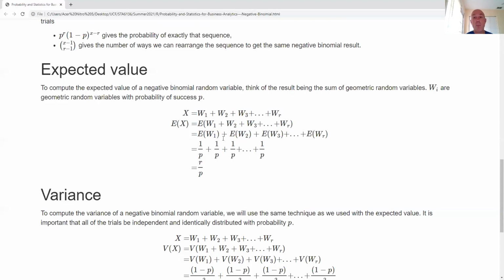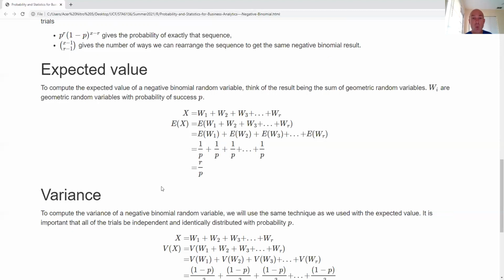Each of these is a geometric random variable, so I get 1 over p for every single one of these. Now I have a sum of the same term over and over, which is just multiplication. I multiply 1 over p by the number of terms in the addition, which is r. Boom, the expected value of a negative binomial random variable is r over p.